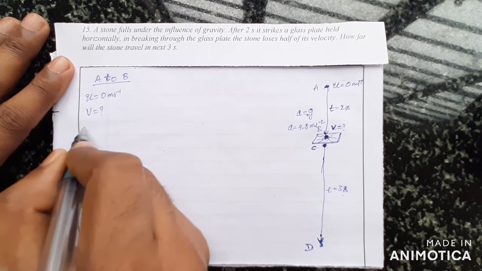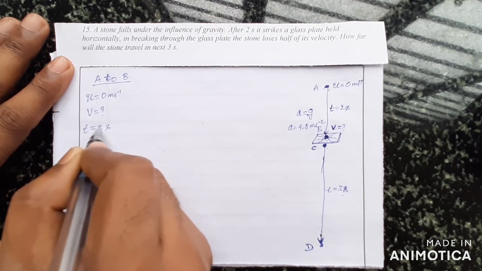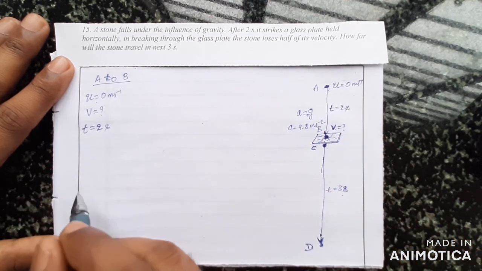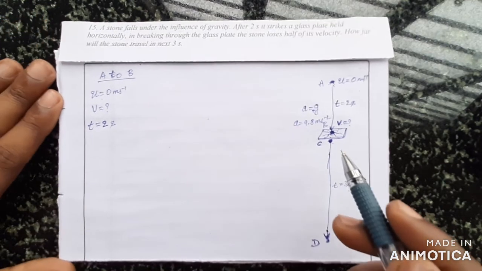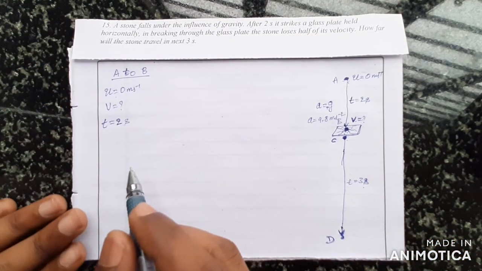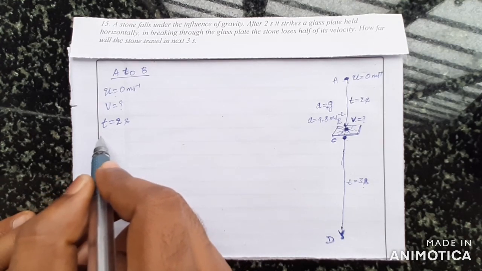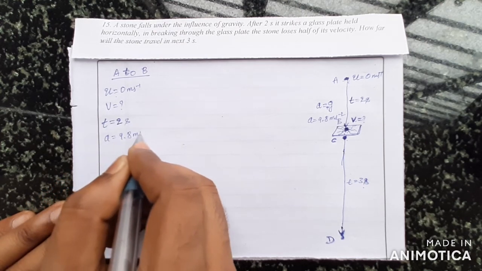We are given U, and time taken from this point to this point is 2 seconds. Now you have U, V and T, and what we need to calculate is V, with A as 9.8 meter per second squared.